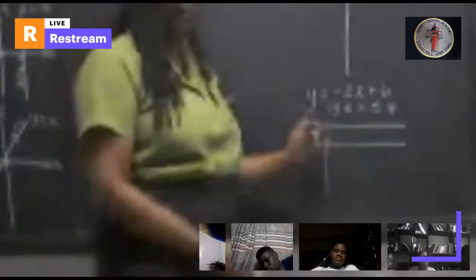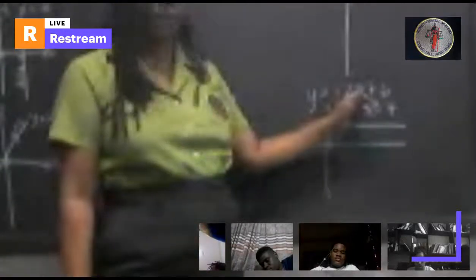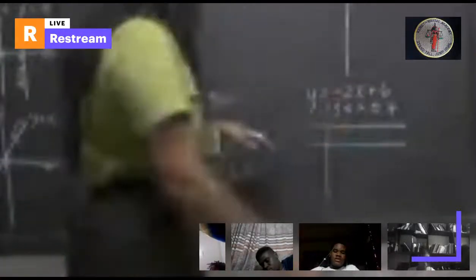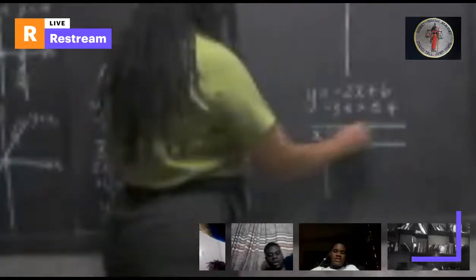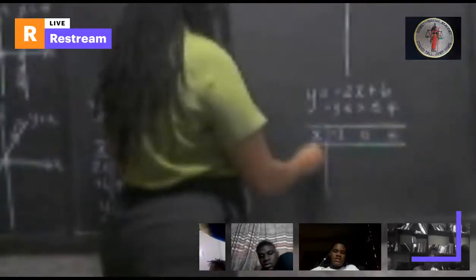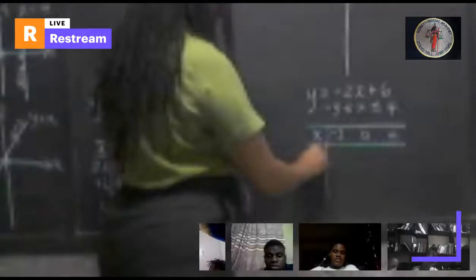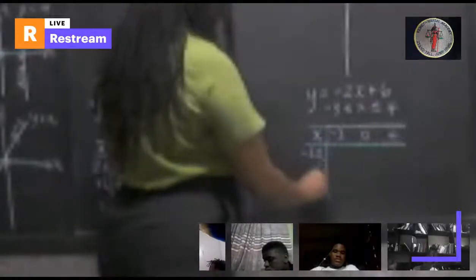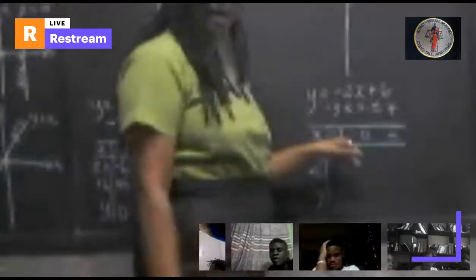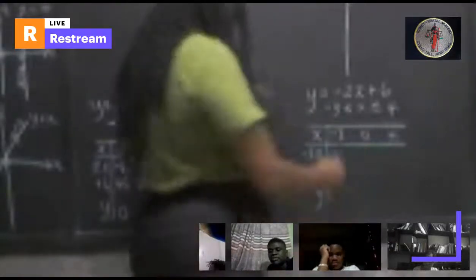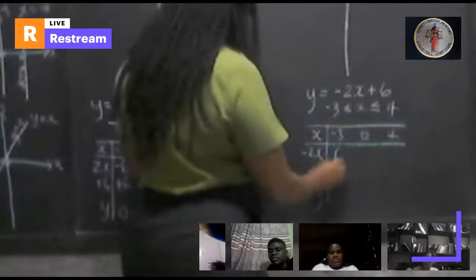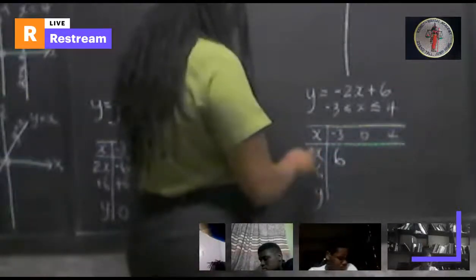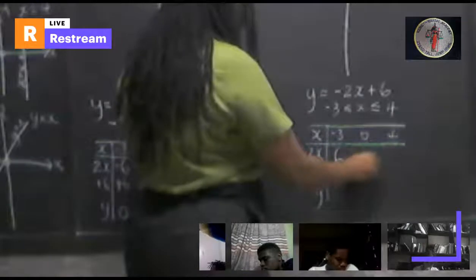So we have -2x plus 6. So we have -3, 0, and 4. -2x plus 6. So this will give us -2 times -3 would give a +6. -2 times 0 is 0. -2 times 4 is -8.